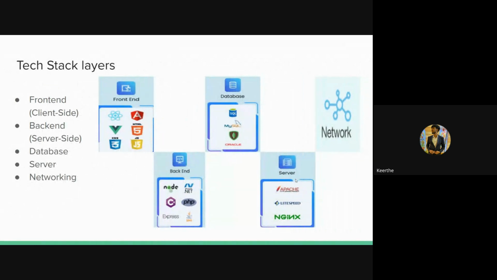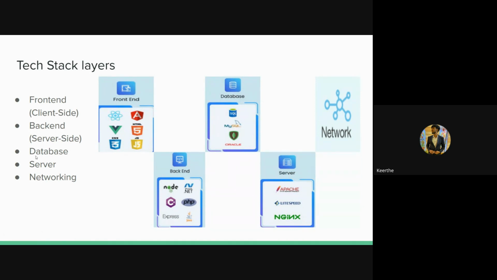What are the tech stack layers? The tech stack has the front end. The front end is the things which you see in every application, which you can access. Going to the back end, you give your information in the front end, and the back end receives it, processes it, and passes it to further applications. For example, on the sign up page you give your information, and then it leads you to the login page.